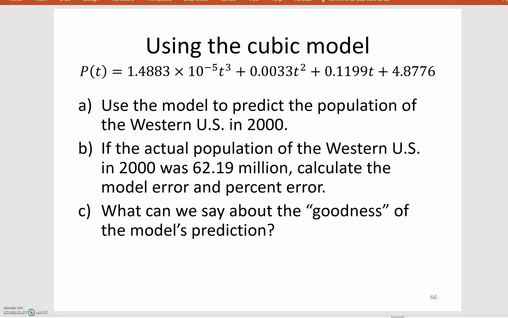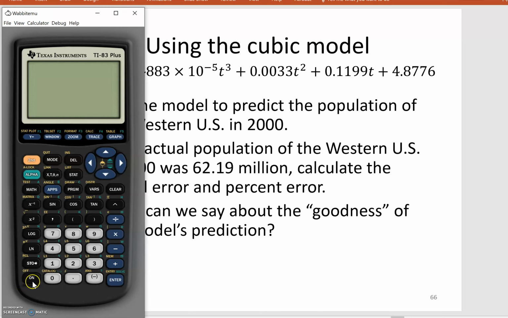Using the cubic model, let's use this model for a few things. Namely, let's calculate the population of the western US in 2000. Let's do that first. I think I still have this. Let me see. Actually, that's the quadratic. Let me calculate the cubic model.